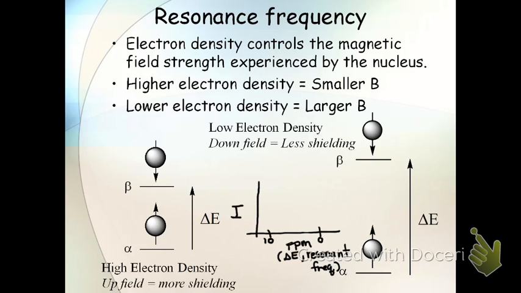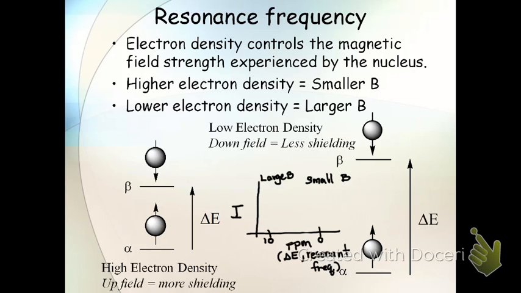This is the small magnetic field side, and this is large B. It also represents larger resonant frequency and smaller resonant frequency.